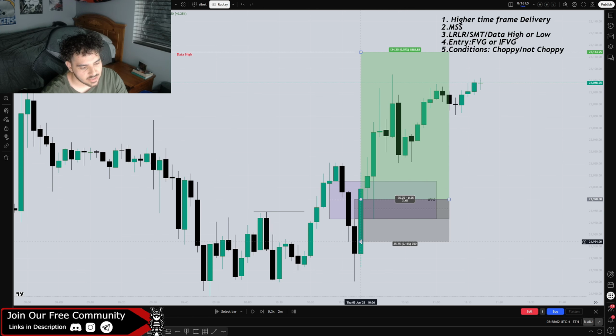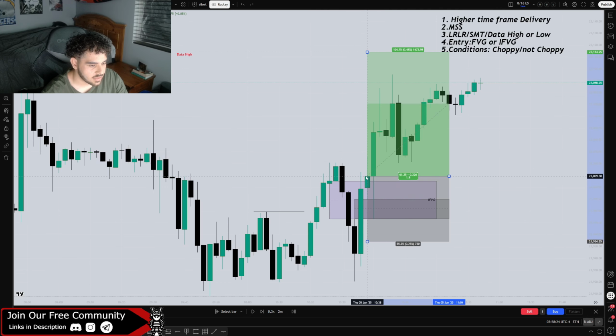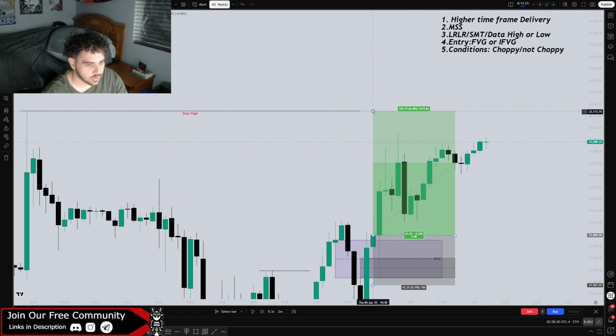You're going to get less risk to reward if you're using the inversion, but you're going to get a better entry, but you're going to miss more trades when you're trading the fair value gap. That's my model. Most of the time, I'm trading the inversion fair value gap if that's present, because that gives me an immediate reason to enter. As soon as this inverts, I'm up in here, but my stop is a little bit tighter and I'm not getting the best risk to reward.